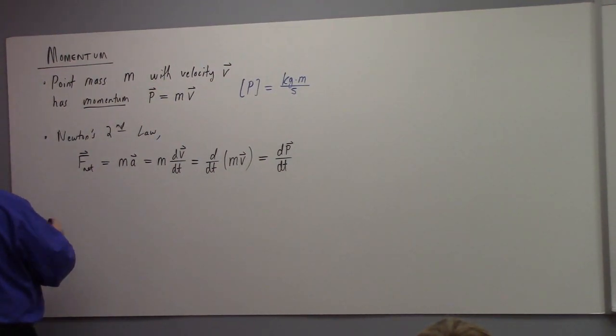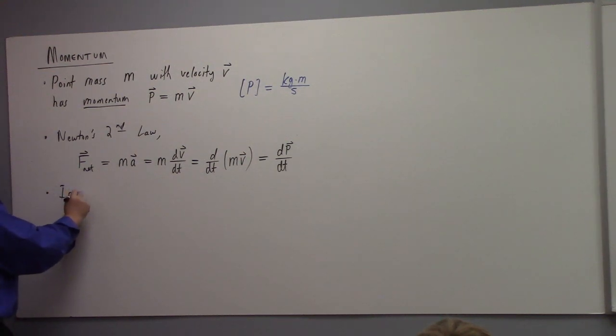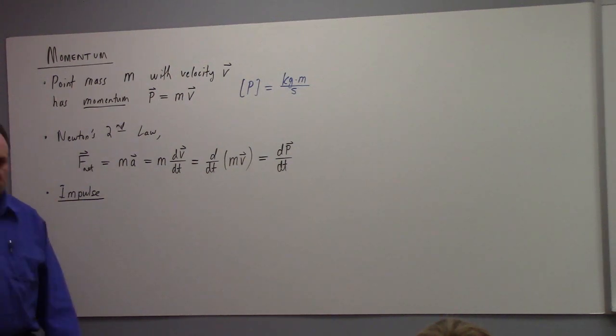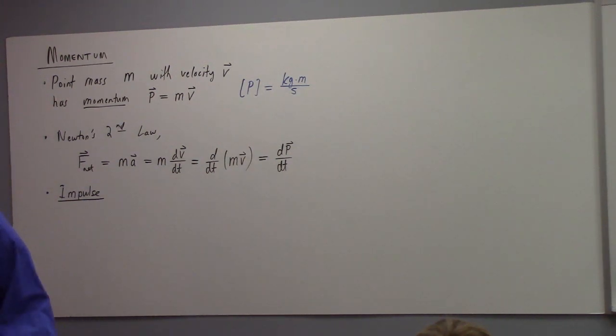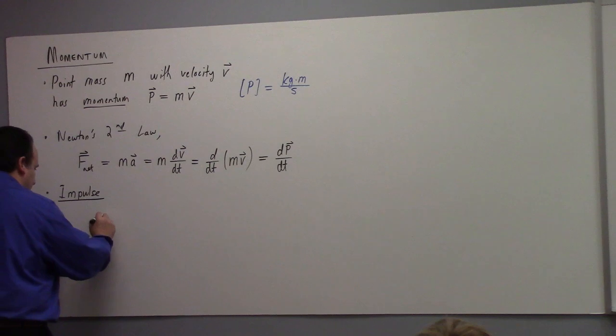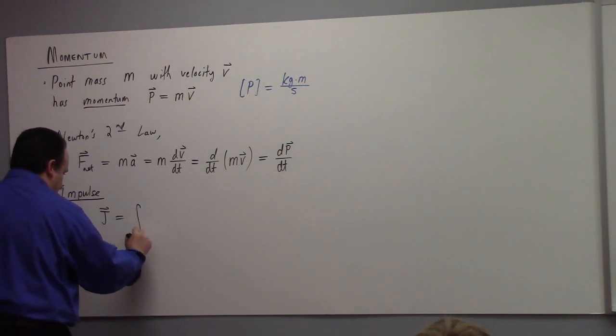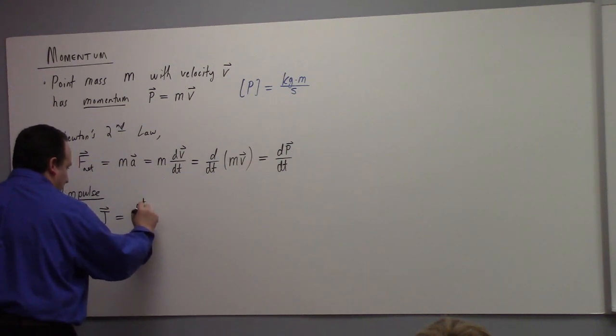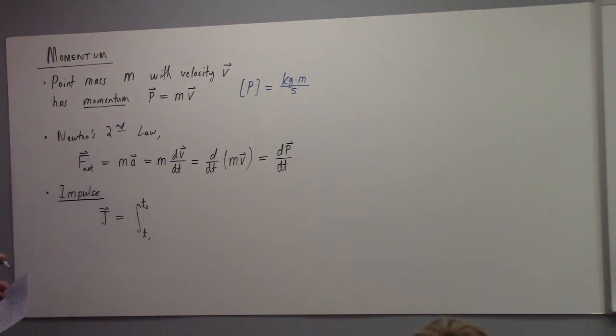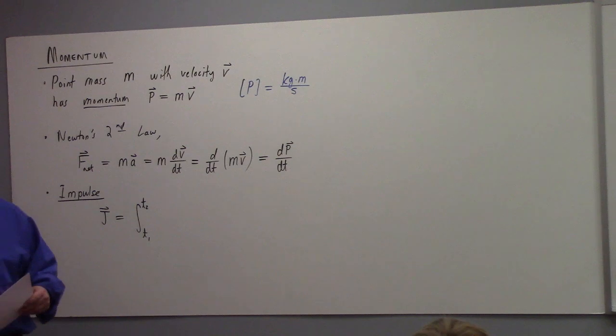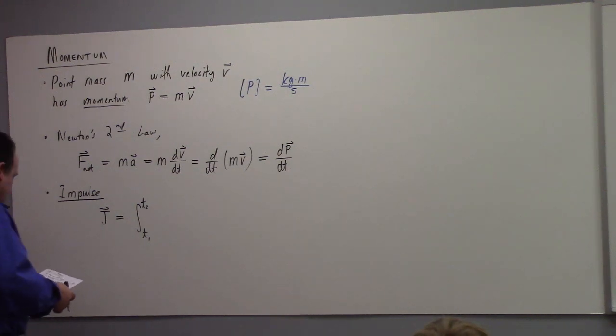Now, oftentimes we're interested in something called the impulse. Let me define impulse for you. Impulse is a special word we use for the change in momentum. The symbol typically used is J, and J is equal to the integral from t1 to t2. If you're talking about impulse, it has to be with respect to some duration, some time interval, say t1 to t2.